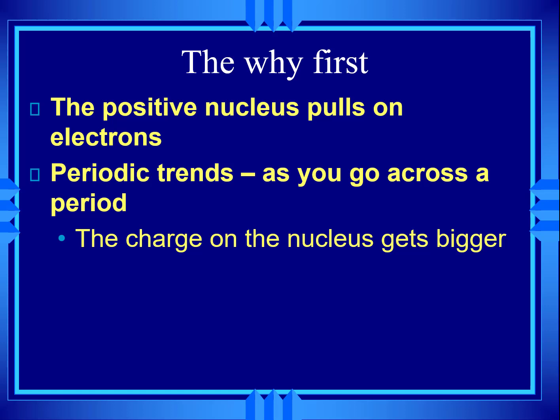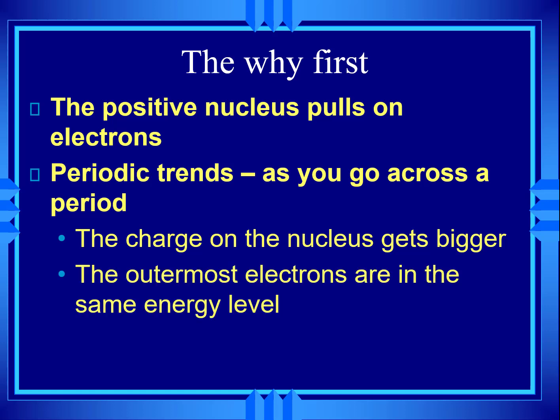Well, you're also adding more electrons. But when we add the electrons, they're going to go into the second energy level here, right? 2s1, 2s2, the 2p's. So all those electrons are going in the same energy level.